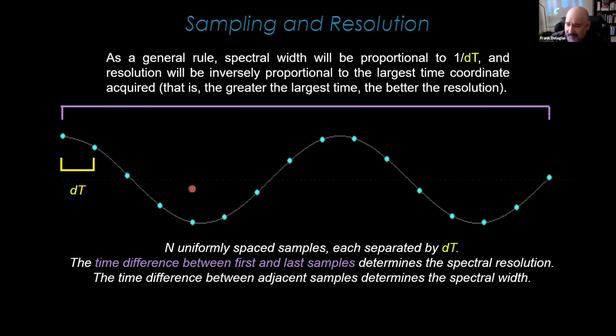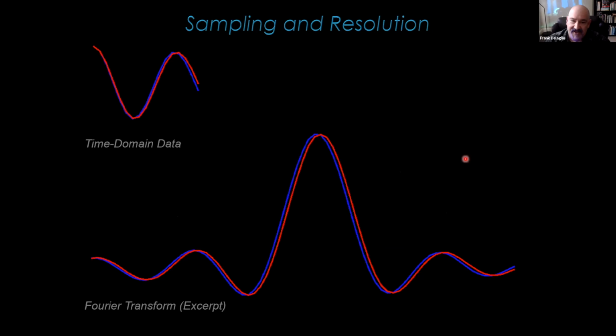That said, let's talk a little bit about the properties of digitally sampled signals that we use in NMR, and in particular, the property that we're going to talk about is the maximum achievable resolution. Now, the maximum achievable resolution in digitally sampled NMR data depends on the duration of time between the first point that we acquire and the last point that we acquire. And we can understand this pretty readily in a graphical way.